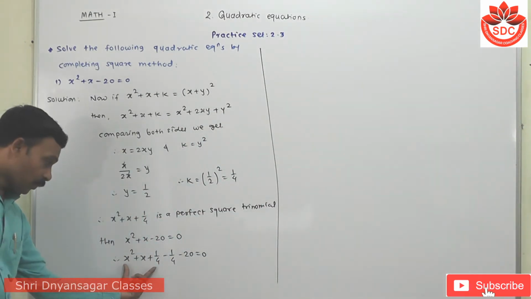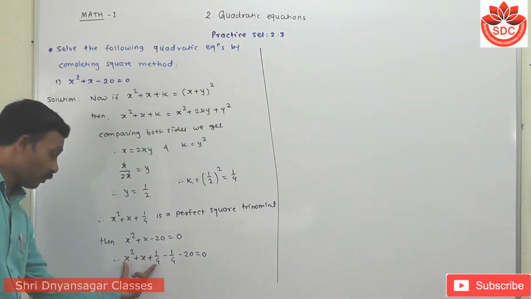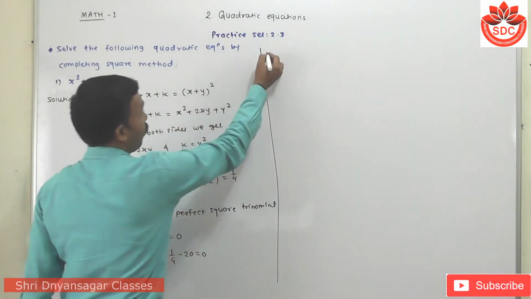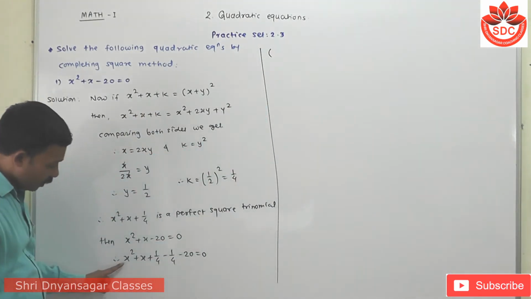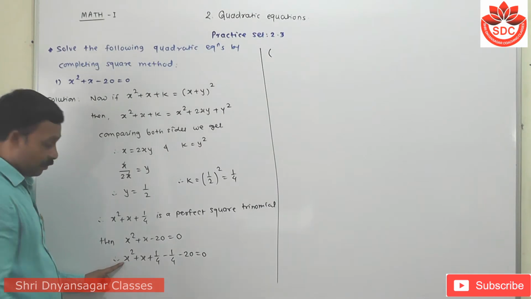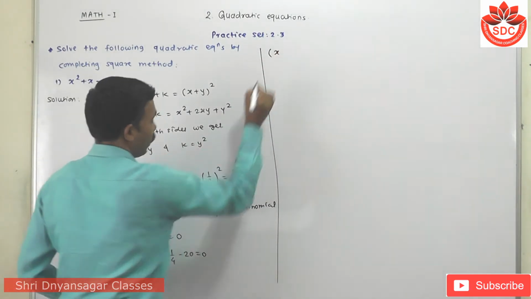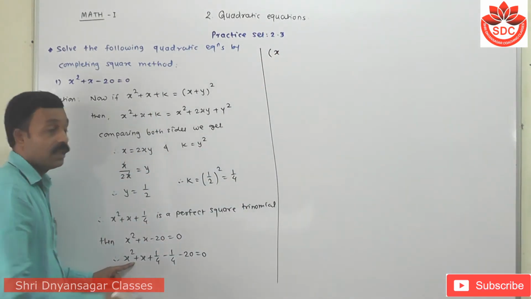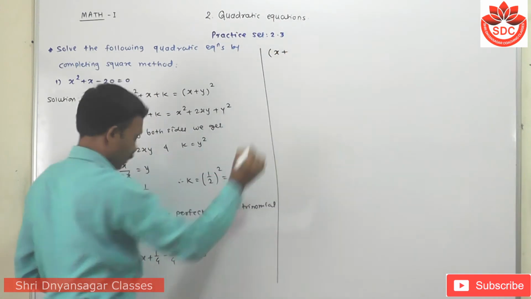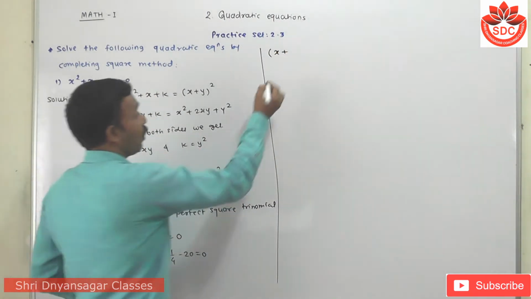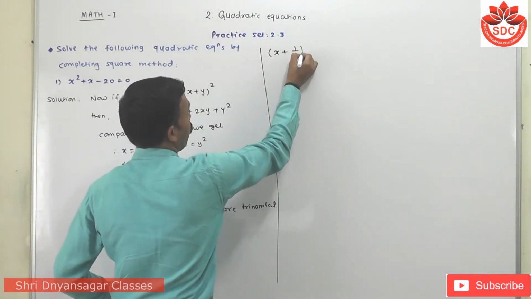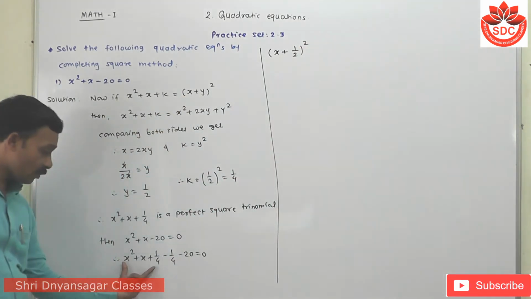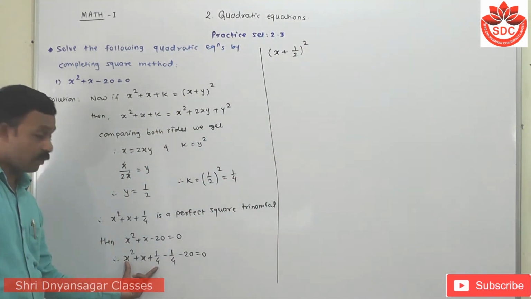Now these first 3 terms are the square of one number. How to find it? In the bracket, first take the square root of the first term, that is x, give the sign of the middle term, which is plus, and take the square root of the last term also, that is 1/2. This is the square of this bracket, (x + 1/2)².